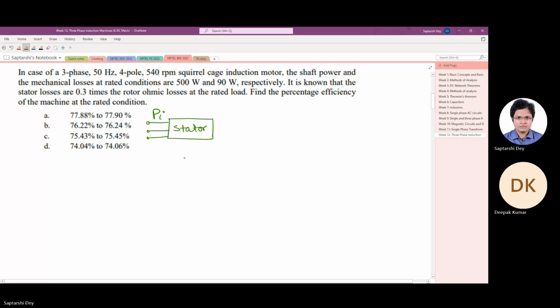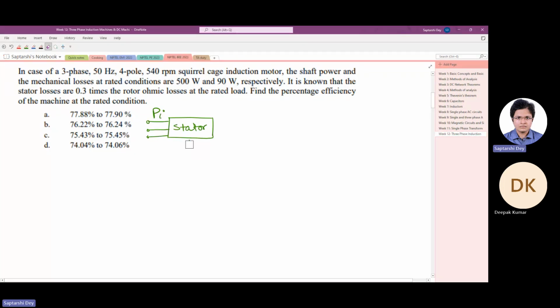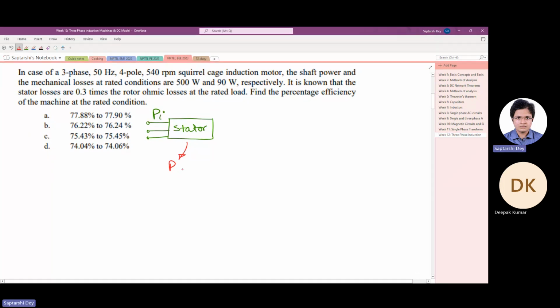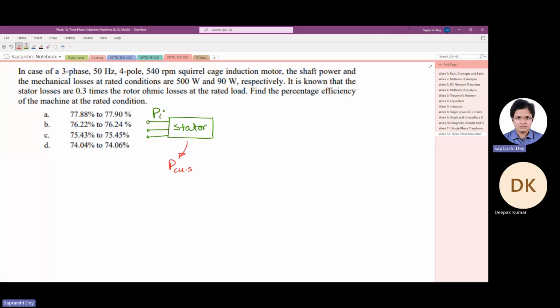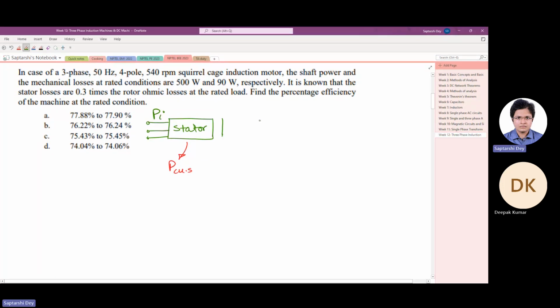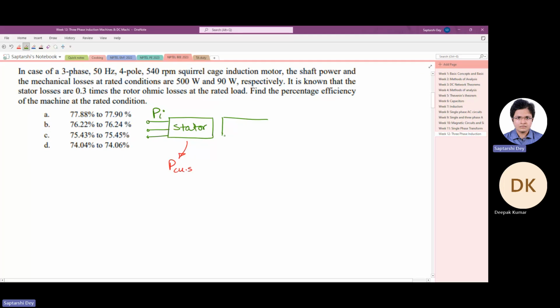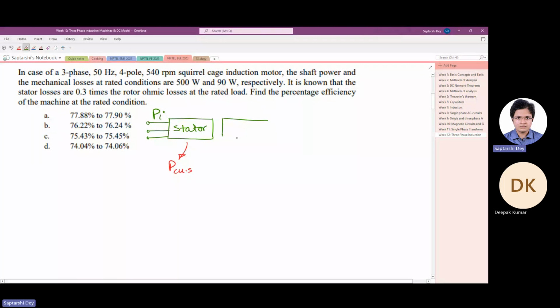The loss is the stator copper loss. Now the rest of the energy flows to the rotor through the air gap.